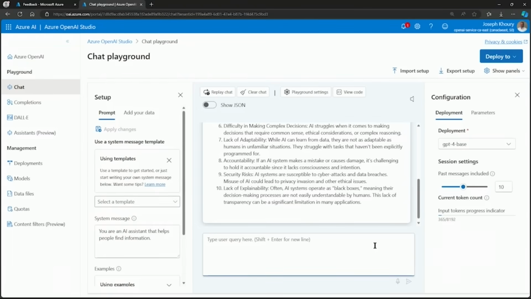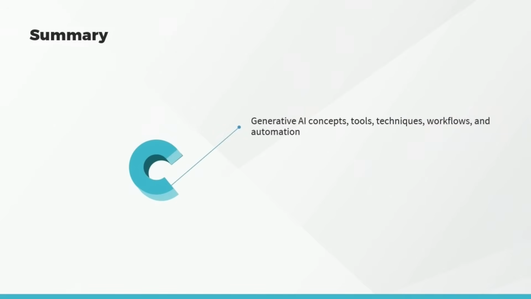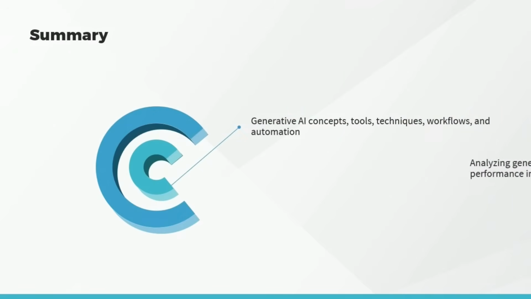All right. Well, with that, we were able to successfully diagnose and resolve issues related to generative AI models on Azure Cloud. So in this course, we've examined how generative AI can be used for IT administrative integration. We did this by exploring generative AI concepts, tools, techniques, workflows, and automation.